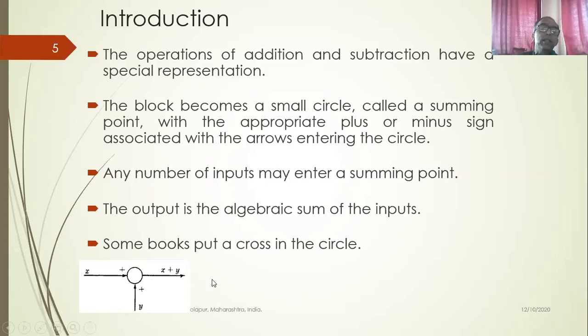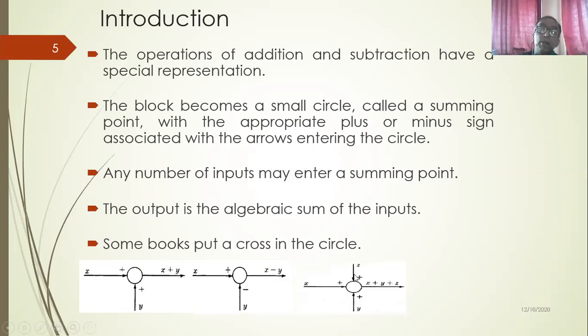So this is one way of representation. Another way, I have positive feedback. If this is a feedback line, this is a positive feedback. This is the line with negative feedback, which shows subtraction. x minus y is equal to whatever z, that is equal to x minus y. It is represented like this.